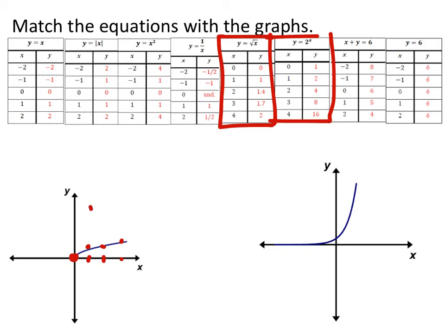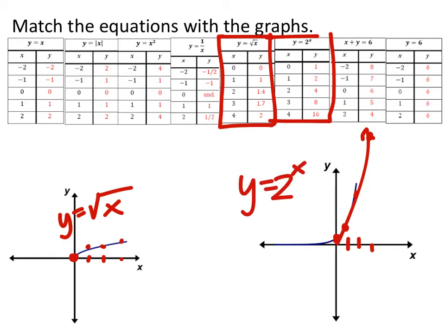So this one has to be y equals the square root of x. And this one shows a very rapid increase: 0, 1, 1, 2, 2, 4, 3, 8, and then it just keeps going up right there. So this one has to be y equals 2 to the power of x. Yeah, that's good.